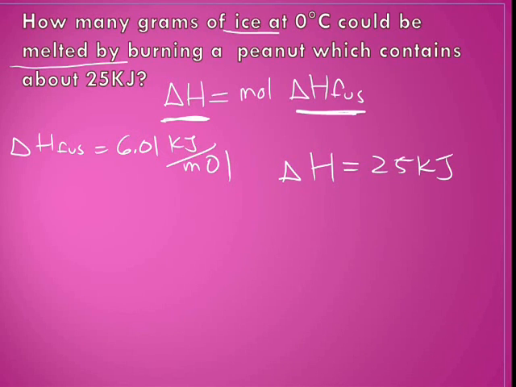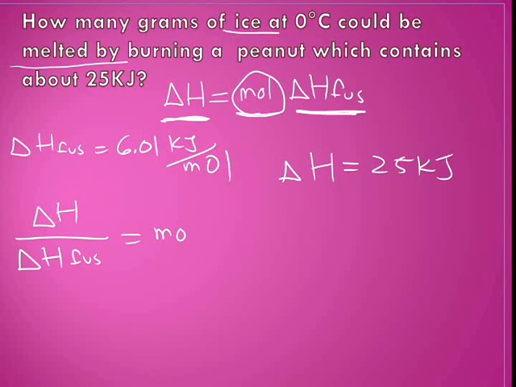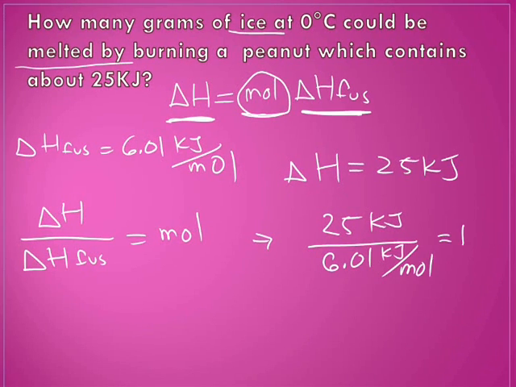So delta H is given to us, and the delta H fusion is given to us. We want to know moles, because from moles we can get grams. Let's solve for moles. So delta H divided by delta H of fusion equals the moles. Then from the moles we'll get grams. So we have 25 kilojoules divided by 6.01 kilojoules per mole, which equals 4.2 moles.